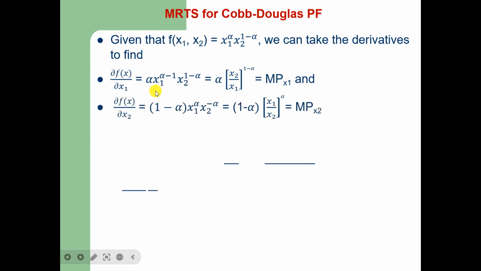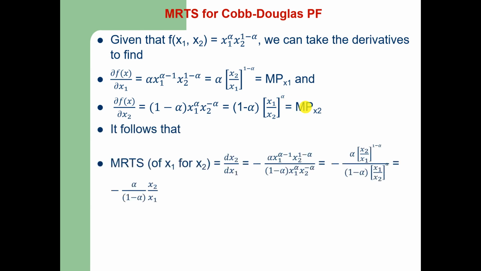If we take the partial derivative of the above function with respect to x2, let us suppose x2 is capital, then the partial derivative of this function is equal to this statement, and if we simplify, then we have 1 minus alpha times x1 divided by x2 raised to the power alpha, and that shows the marginal physical productivity of capital.